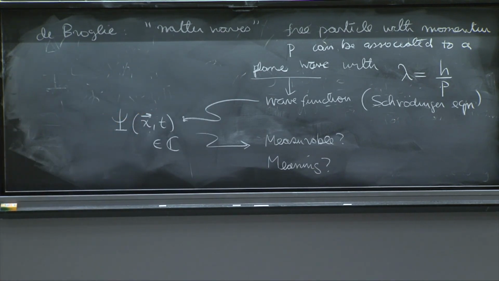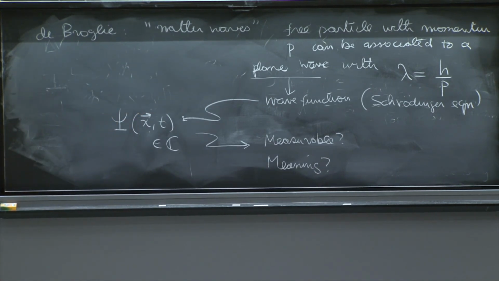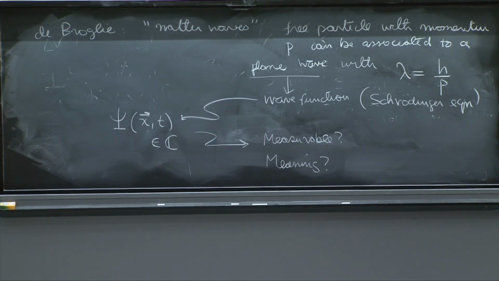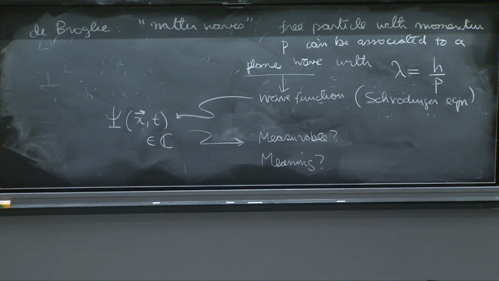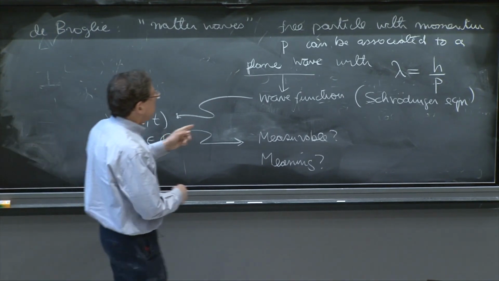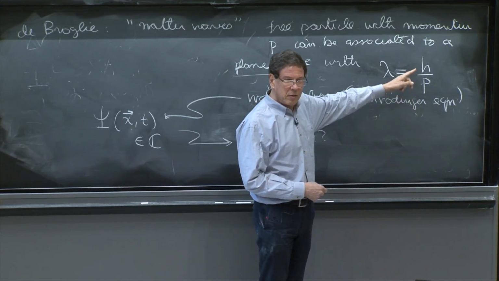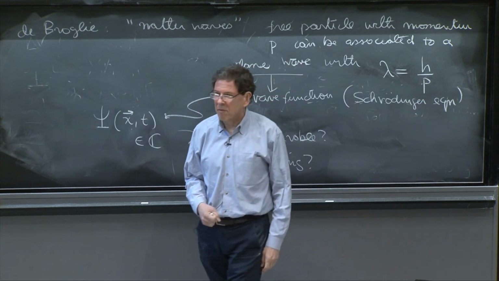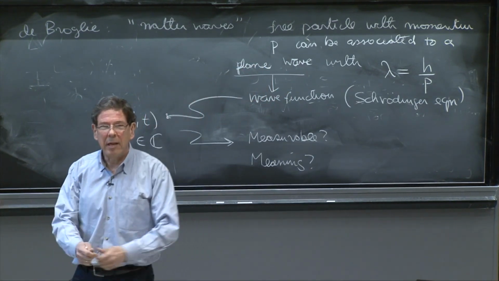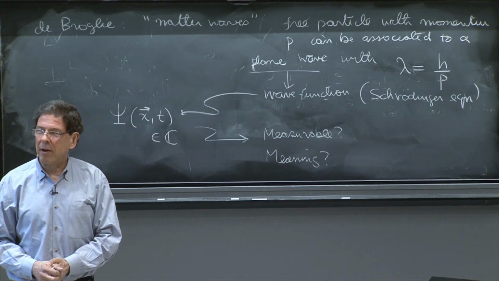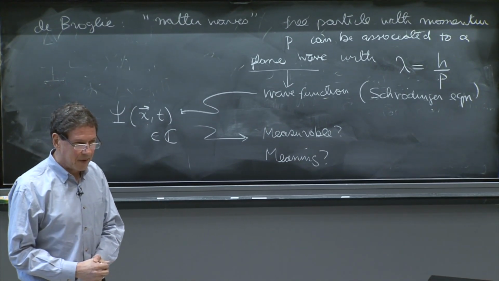But to understand some of that, in fact, to realize that these waves are no ordinary waves, we're going to think a little about what it means to have a wave whose wavelength is inversely proportional to the momentum of a particle. That's certainly a strange statement, and probably these are strange waves, as you will see.